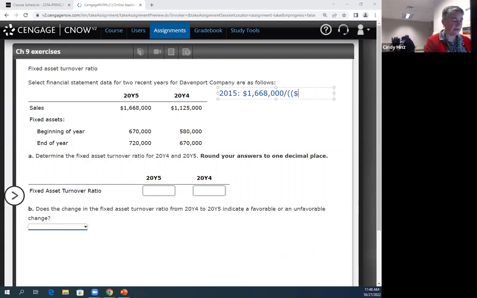In other words, they have already subtracted out the accumulated depreciation. We want to add the beginning and ending values and then divide by 2. And I found a fixed asset turnover of 2.4 for 2015.